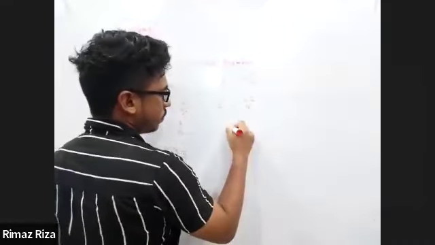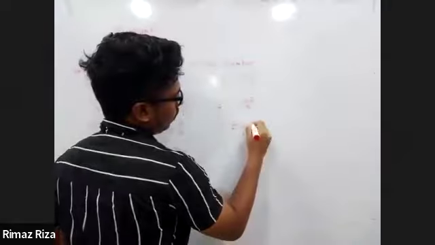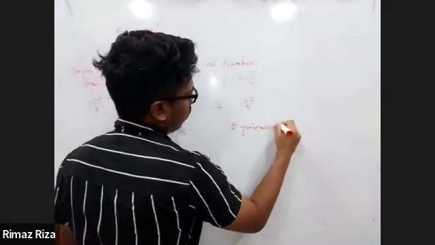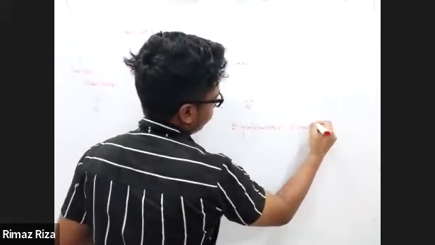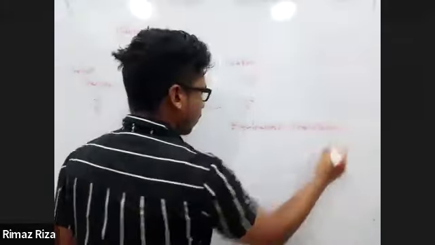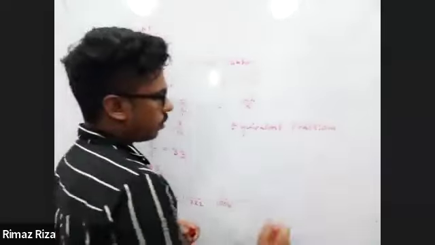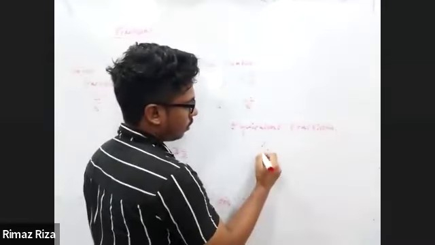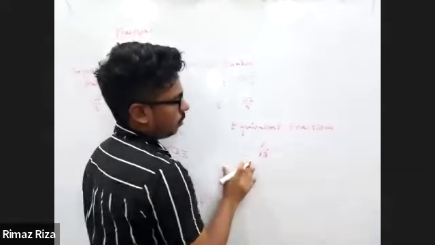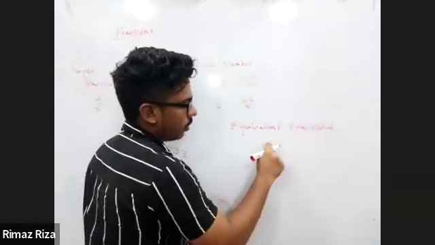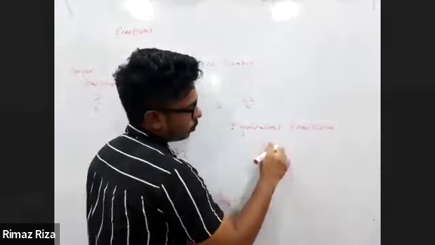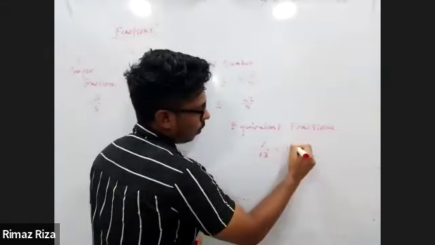Right. Also we studied equivalent fractions. For example, 7/13. We can write an equivalent fraction. If multiplied by 2, 7 into 2 is 14.